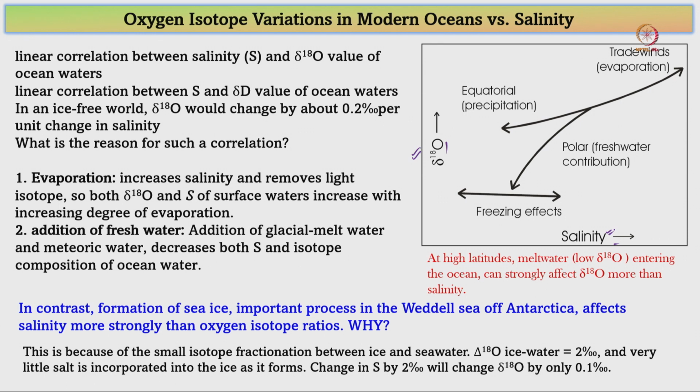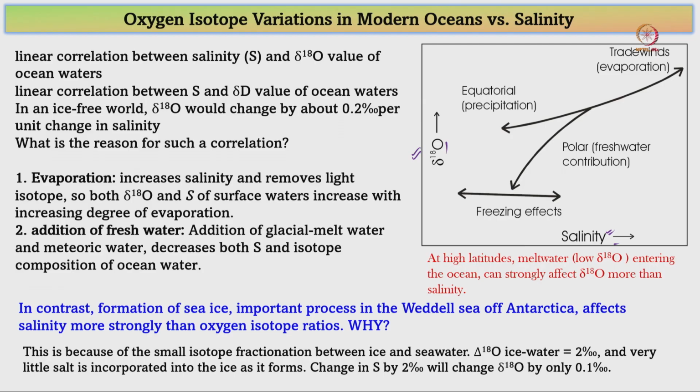Why do they have a linear correlation? Let us see. The reason is that there are two processes. First thing is evaporation. If water is evaporating, then what will happen? 16O will get enriched in the vapor, and therefore the ocean will get enriched in 18O.